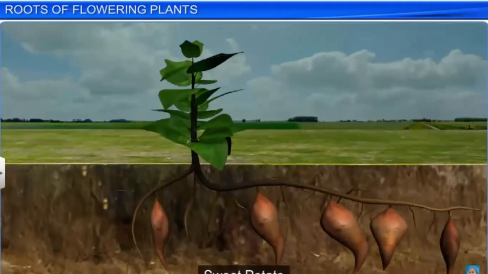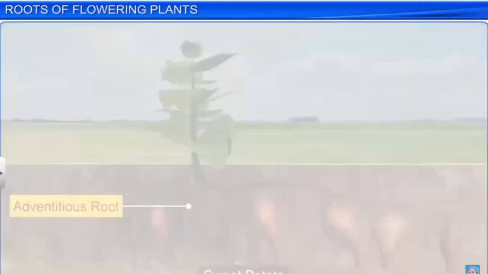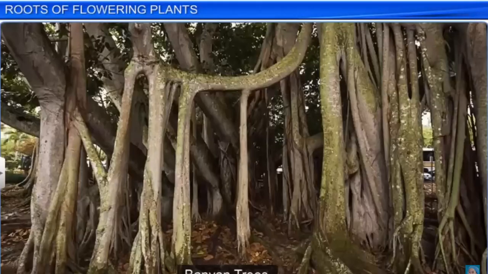For example, the adventitious root in a sweet potato swells up and stores food for the plant. Similarly, in banyan trees, the modified adventitious roots, also known as prop roots, help support the tree.